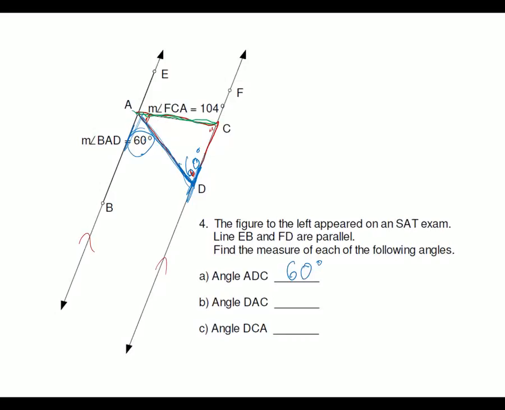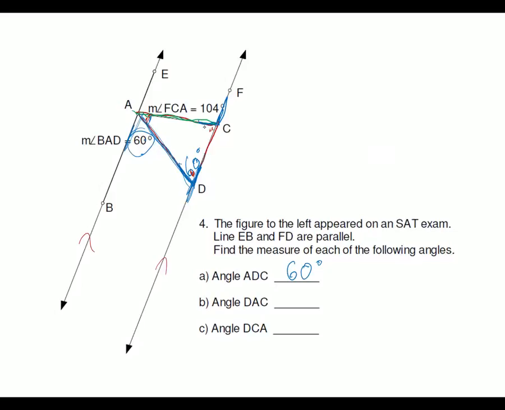Now they want angle DAC up here. Now there's several ways you can figure this out. I think the easiest way is to go to C first, figure out angle DCA. And how you can do that is they've told you that this angle here, FCA, is 104 degrees.